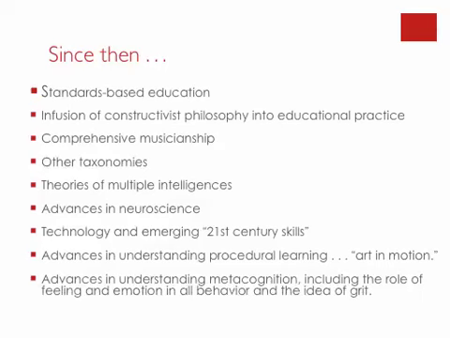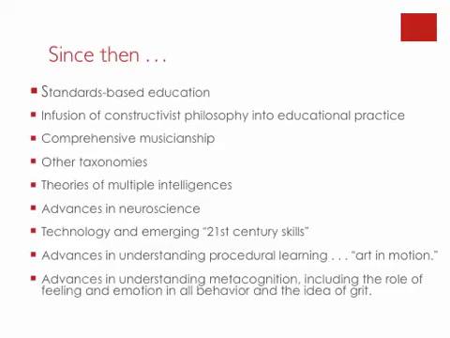There are theories of multiple intelligences that change the way we think about cognitive knowledge. There have been tremendous advances in neuroscience. There has been a huge upheaval as a result of technology and this sense that we need to teach new 21st century skills to our students.